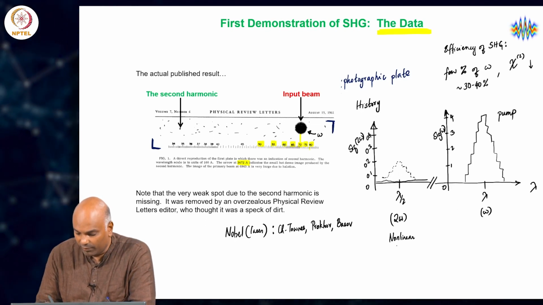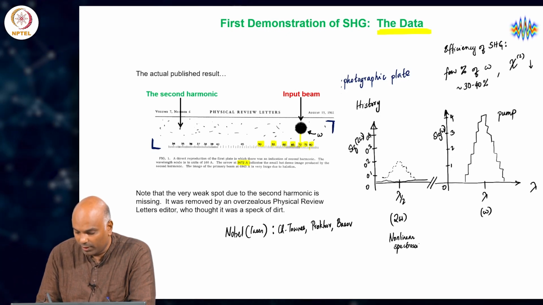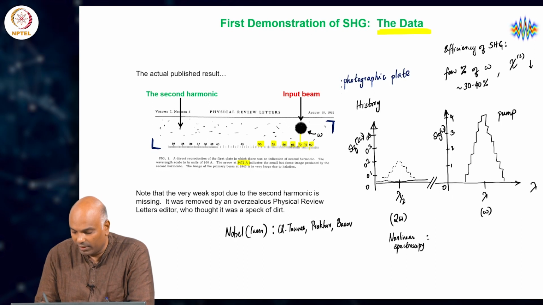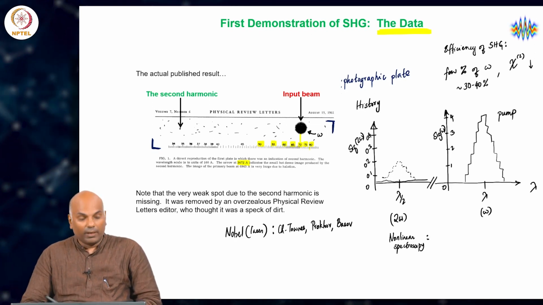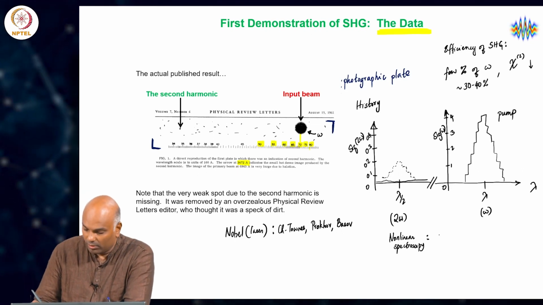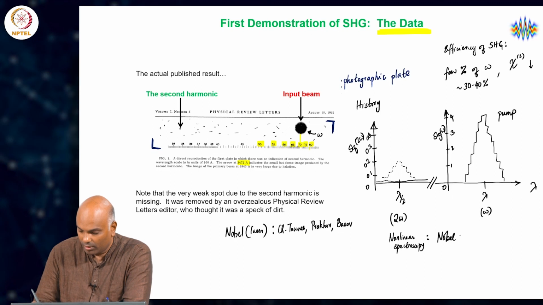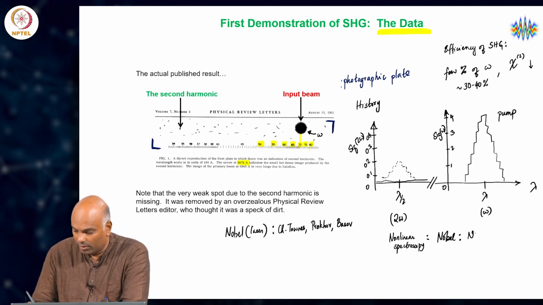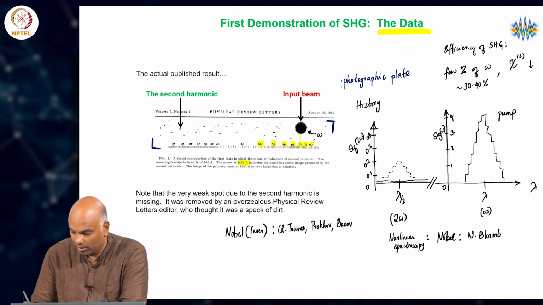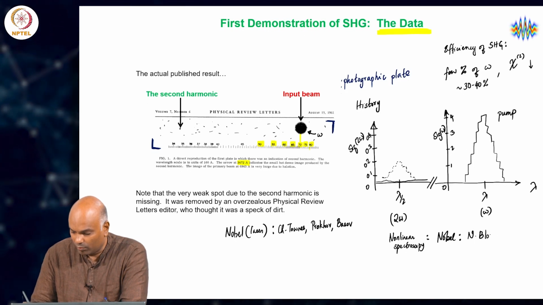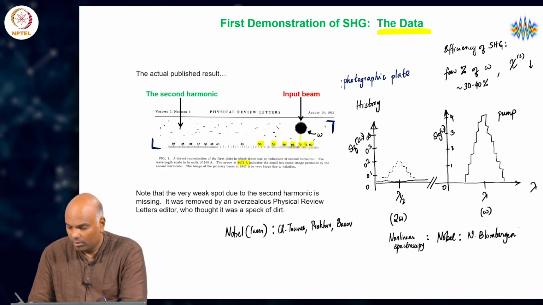that now we have new sources for doing spectroscopy of various kinds, exploiting nonlinear effects in spectroscopy, and a Nobel Prize for this was awarded to Nicolaas, I think there is just one O, Bloembergen.